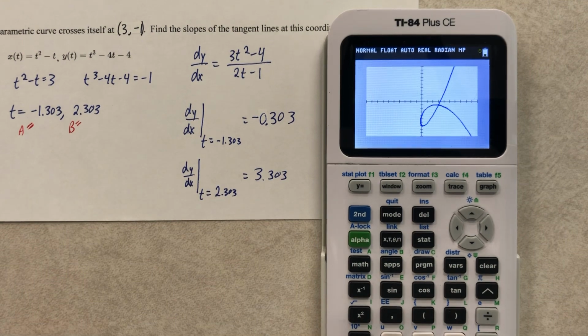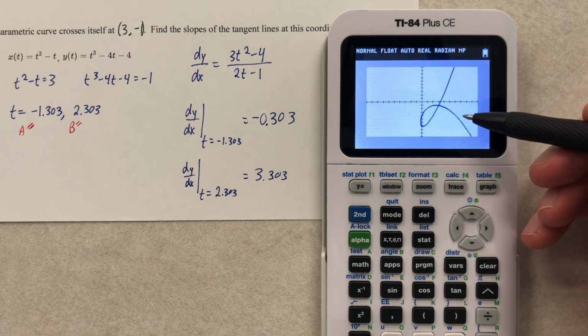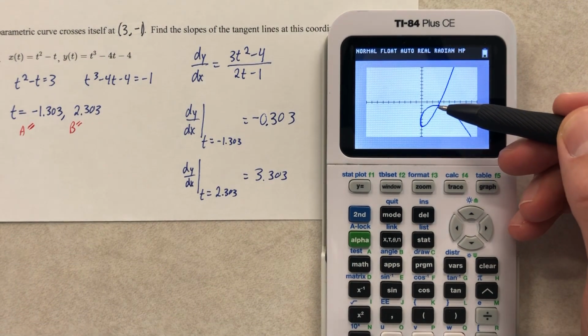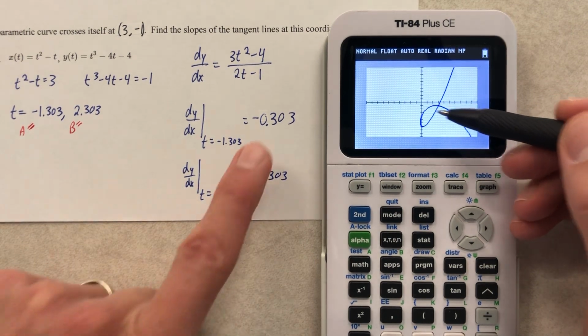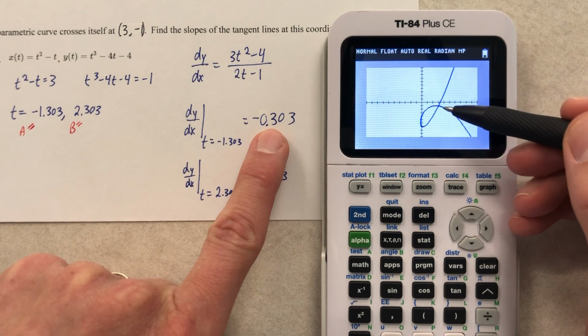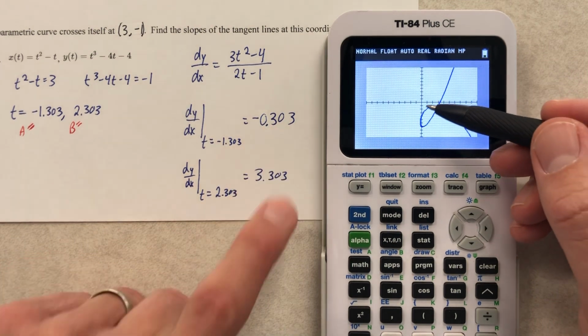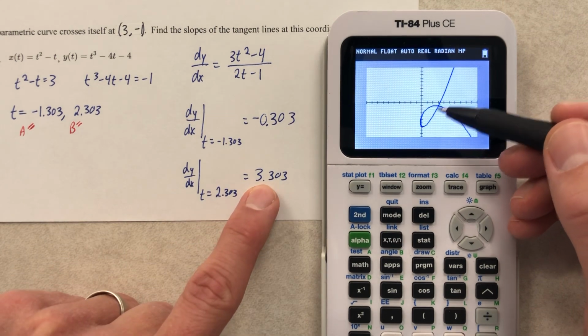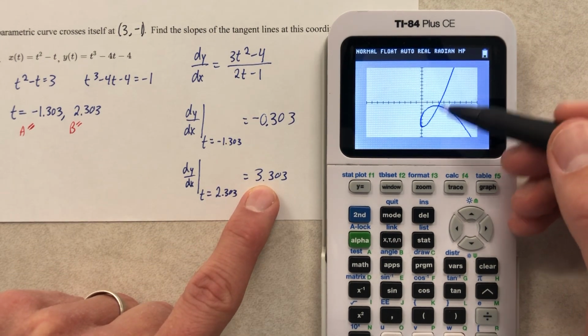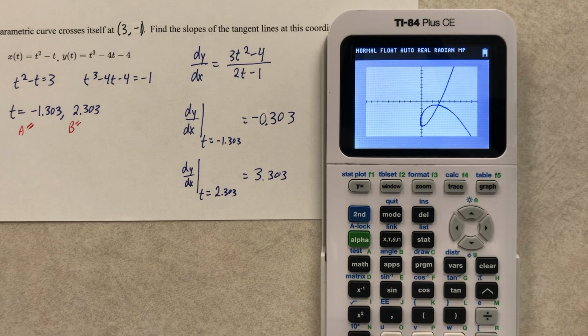Okay. Again, coming in, drawing this curve, the slope at that point is almost 0, but slightly negative. See it? Then coming back around, the slope of this curve at that point is significantly positive. Isn't that neat? I think so.